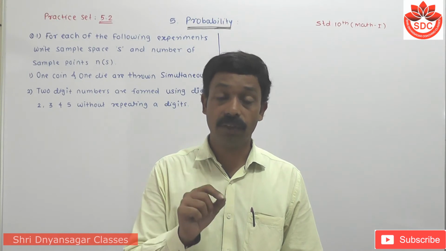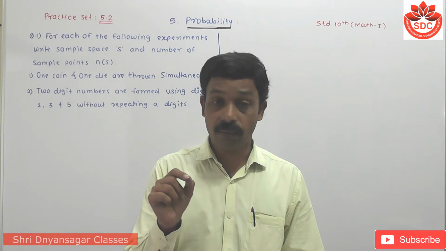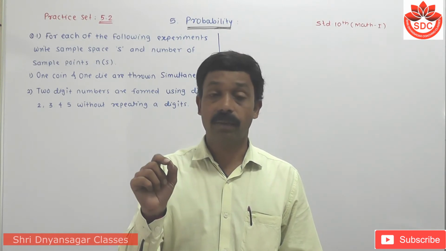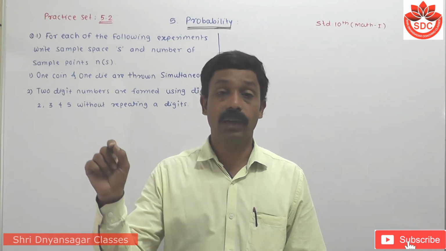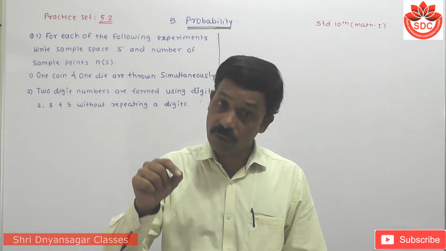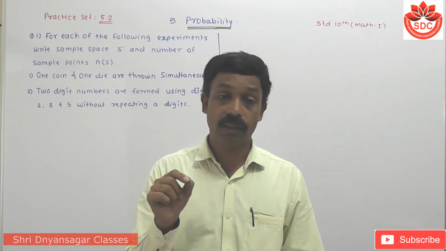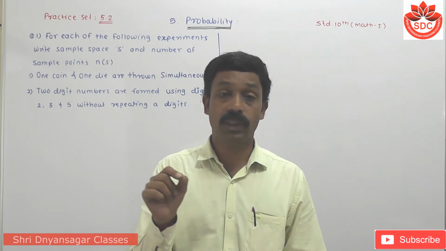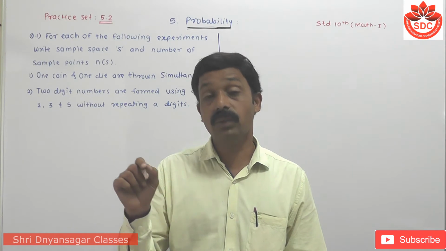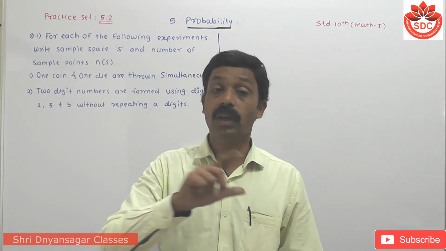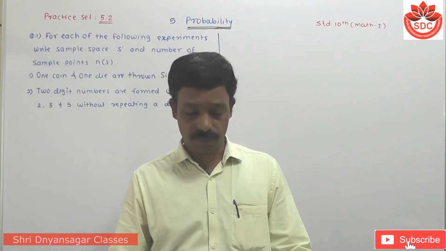The sample space is (1,1), (1,2), (1,3), (1,4), (1,5), (1,6). Similarly for 2: (2,1), (2,2) up to (2,6), then (3,1) up to (3,6), then (4,1) up to (4,6), then (5,1) up to (5,6), up to (6,1), (6,2) and (6,6). The total number of sample points is 36 for the 2 dice.